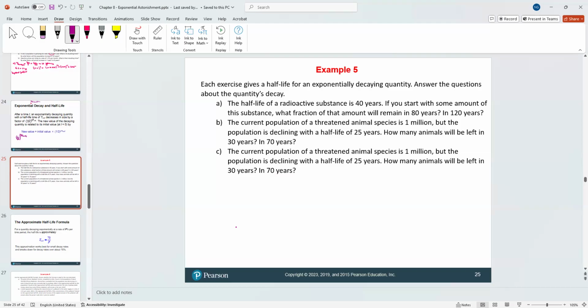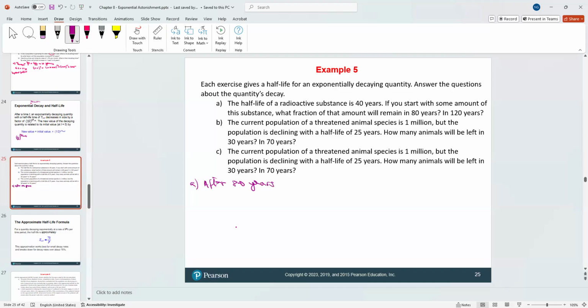Now, if we go with A, they said, what's going to happen after 80 years? The half-life of the radioactive substance is 40 years. If you start with some amount of this substance, what fraction of that amount will remain in 80 years?